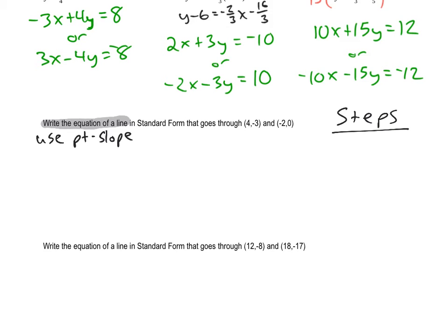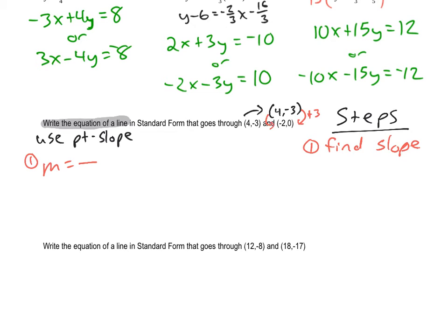If you have to use point-slope, what should you do first, like we did last couple days? What should you find first? You should find the slope first. So find the slope, however you want to use the formula: stack it, find the change, graph it, find rise over run, whatever makes sense. So 4, negative 3. Looks like my slope is going to be from negative 3 to 0, plus 3.